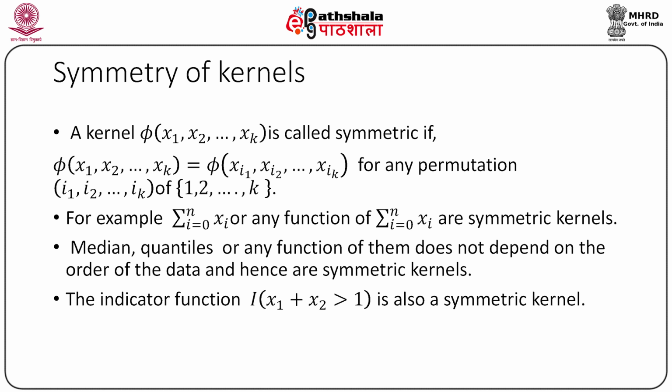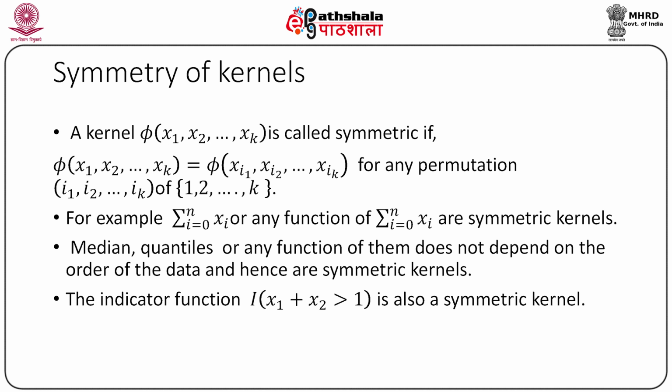For example, if phi is the sum of observations, that is, summation I from 1 to n xi, then the value of phi is not changed if we consider a different permutation of the observations. Thus, phi is symmetric. Easily, any function of a symmetric kernel is also a symmetric kernel.